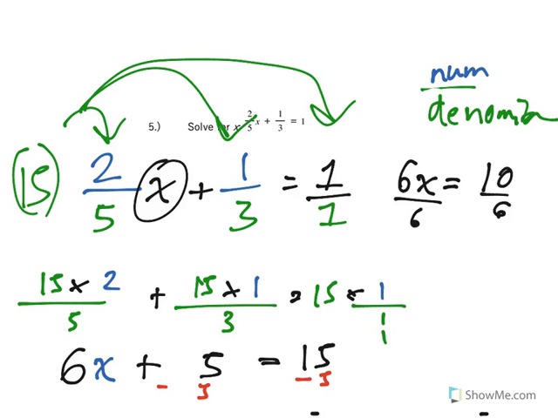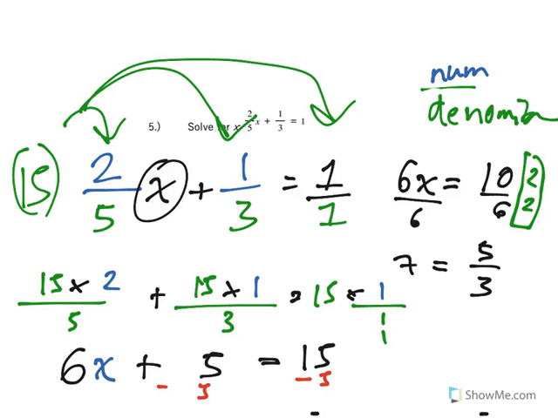We divide by 6, x equals 10 over 6, which is the same as 5 over 3 because you can simplify this fraction by 2. 2 goes into 10 5 times, and 2 goes into 6 3 times. So we've simplified this fraction as much as possible. So x equals 5 over 3.